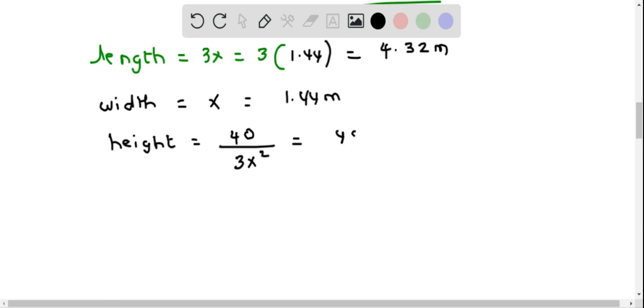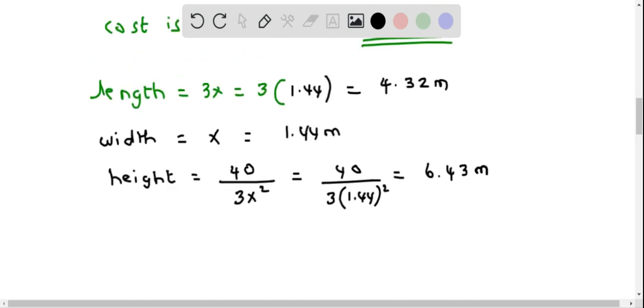When we plug in x equal to 1.44, we get 3 times 1.44 quantity squared. And when we plug this into the calculator, we get the height of the box is 6.43 meter. So we have determined the dimensions of the box which minimizes the cost. This is the length, this is the width, and this is the height.